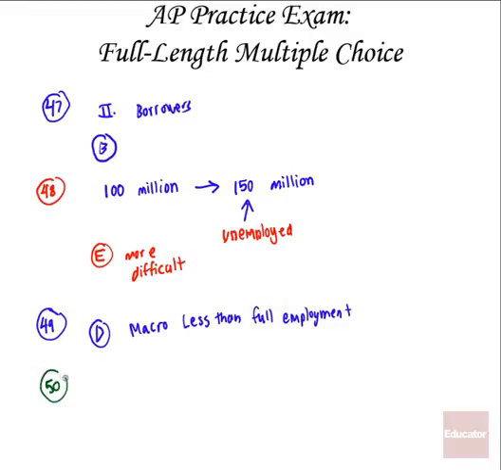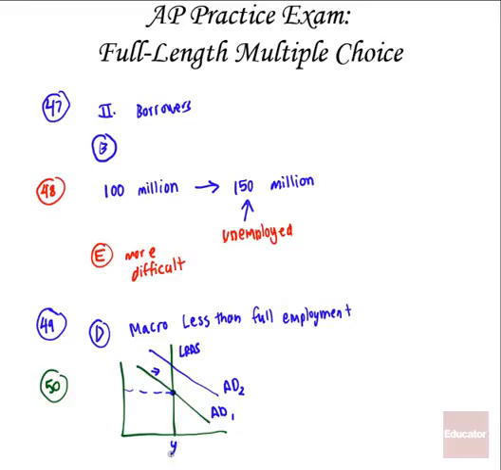Okay, number 50. If there's a large increase in total spending and that has no effect on real GDP, it must be true that which of the following has happened here. Let's take a look. Let's say this is the LRAS right here, and you have the aggregate demand. So spending, aggregate demand increases to AD2.